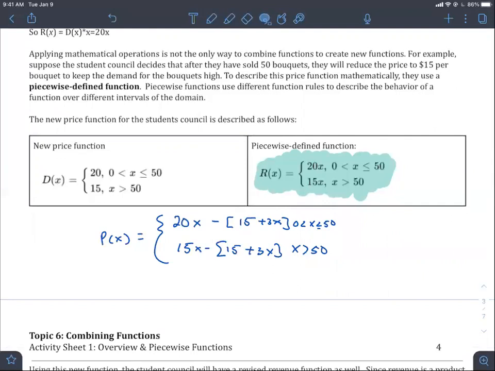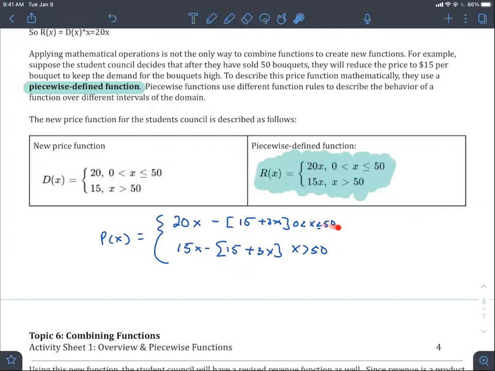So this is where we introduce ourselves to the idea of a piecewise defined function. A piecewise defined function is literally a function that has pieces. It's got 2 pieces to it. We could have a piecewise function with 3 pieces, 4 pieces, or 5 pieces, or however many pieces it wants to have.